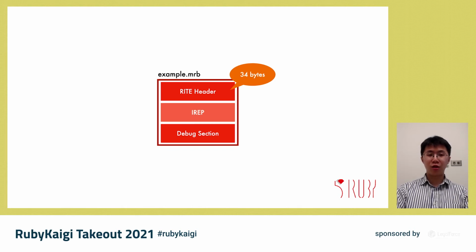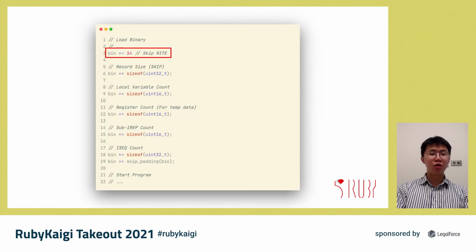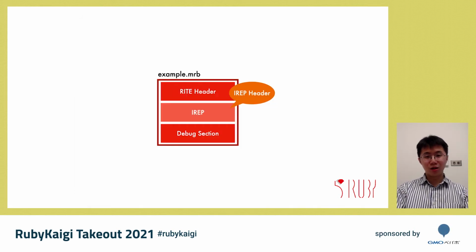In most cases in mruby 2, the header is 34 bytes. We do not care about the header because it only provides some metadata, and we do not need to extract it to run our virtual machine. So we can directly skip it.